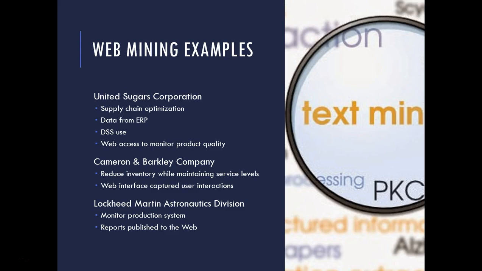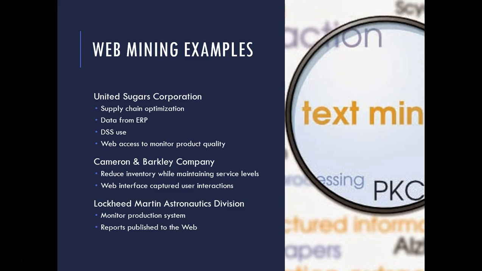So there are many examples of web mining. Three specific ones from the past include United Sugars Corporation, who utilized web mining for supply chain optimization, obtaining information from an ERP, developing a decision support system to take the information that it obtained from the ERP and running it through an optimization algorithm, and then recommending decisions to improve the performance of the supply chain. Web access also is used to monitor product quality.